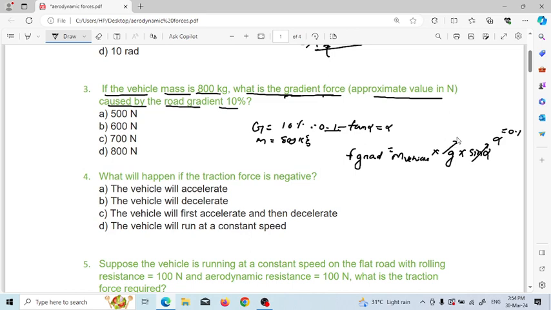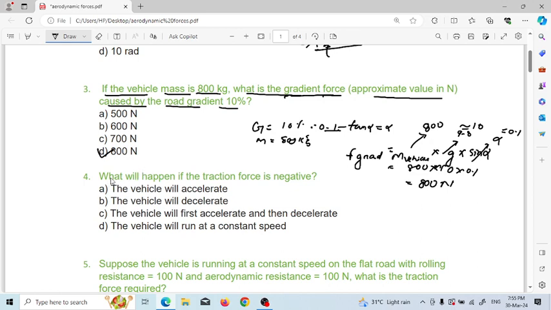The g value is 9.8; let us approximate it to 10, and the mass of the vehicle is given as 800. So multiplying 800 times 10 times 0.1, which is approximately 800 Newton. So the answer will be D. Option D will be the correct answer.